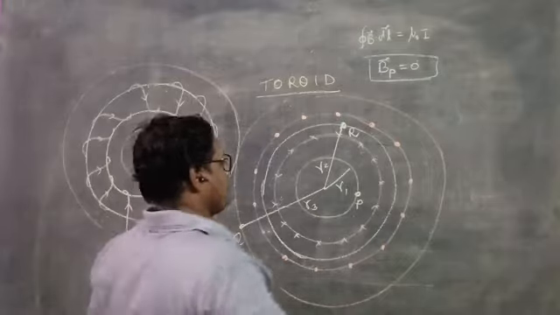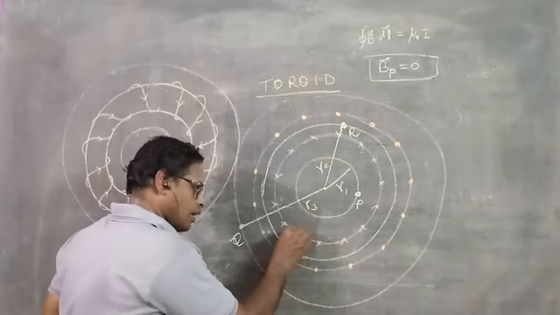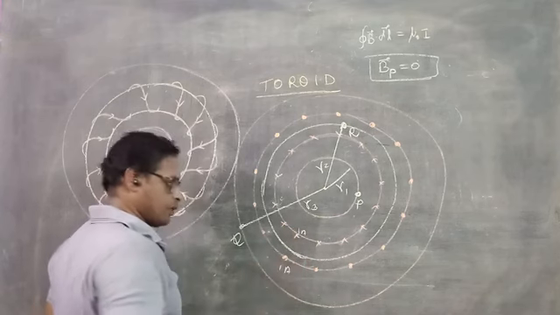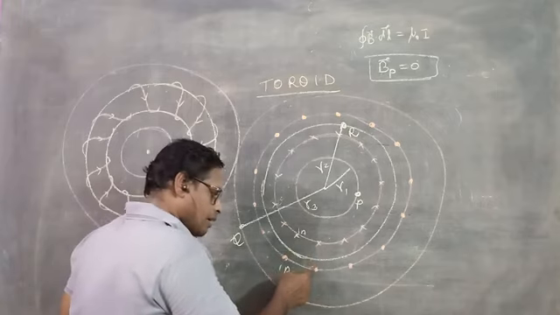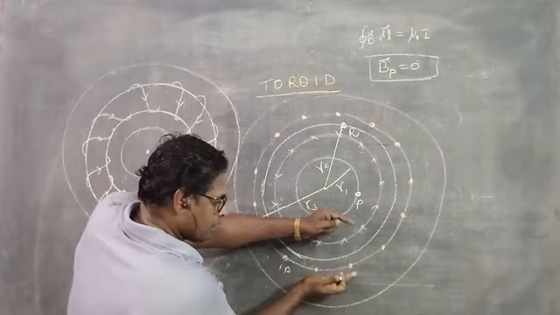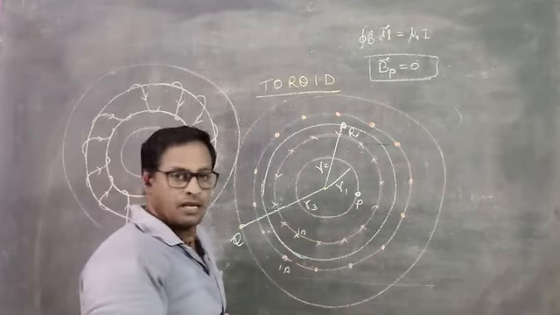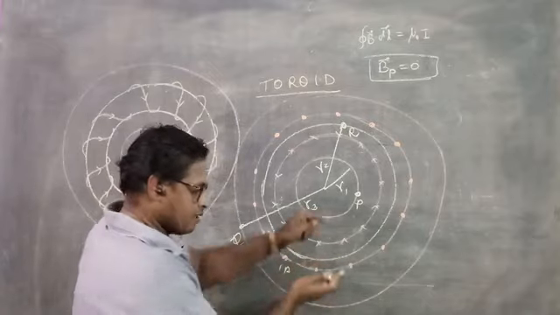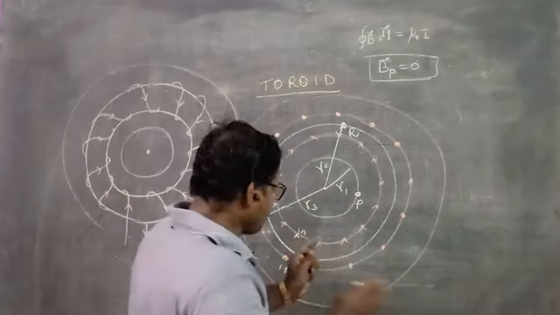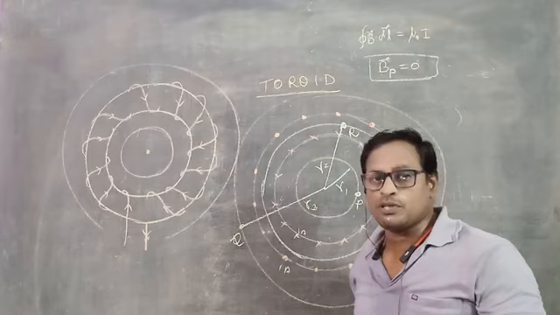And come to the next part, the outside region. See here, the current, for example, this is 1 ampere current coming out, going inside. This is 1 ampere current coming outside. So like that, here 1 ampere current coming out, going inside, coming out, going inside. So the current here is coming in this direction, here the current is going inside. So both are in opposite direction. Both are equal in magnitude, opposite in direction.